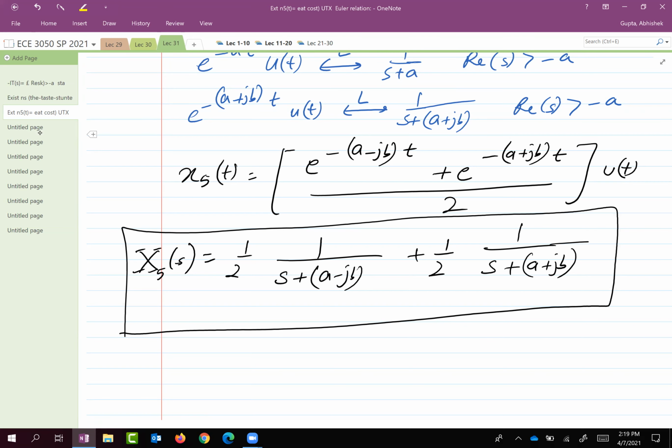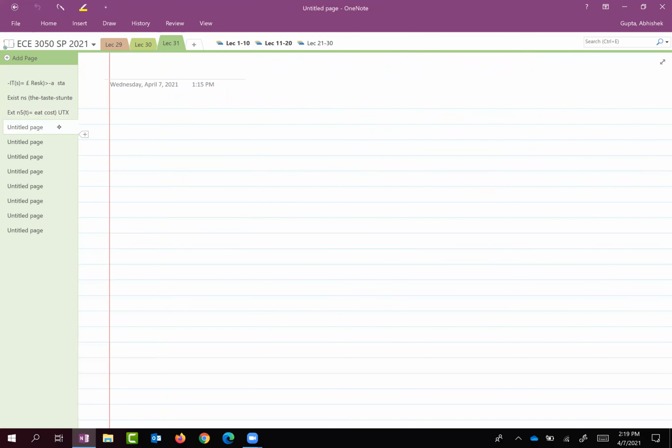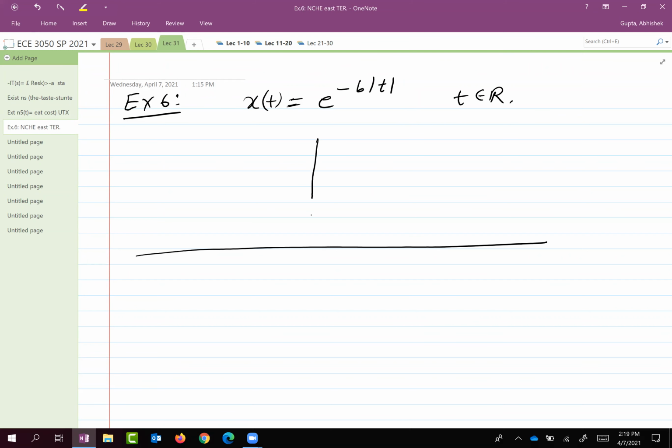Let's go to the sixth example. This is again an exponential signal, but a very peculiar kind of exponential signal, e raised to negative b absolute value of t, where t is in R. So this signal looks as follows. I'm going to plot for b less than 0.